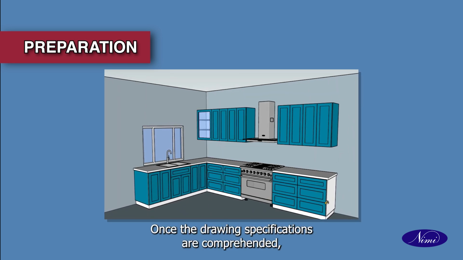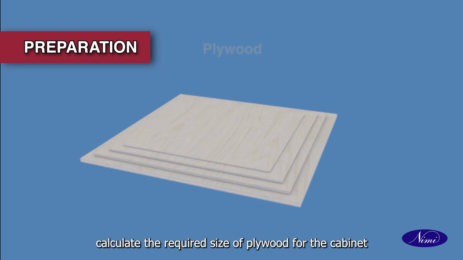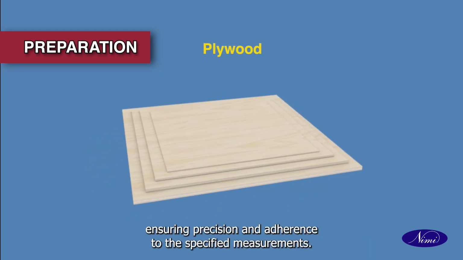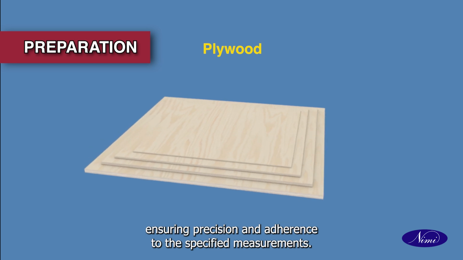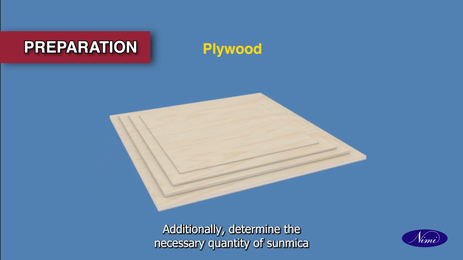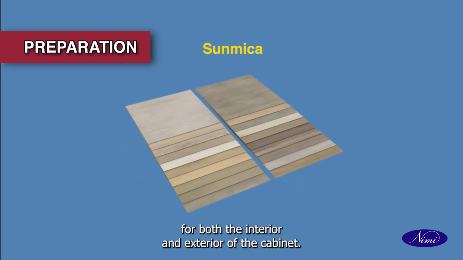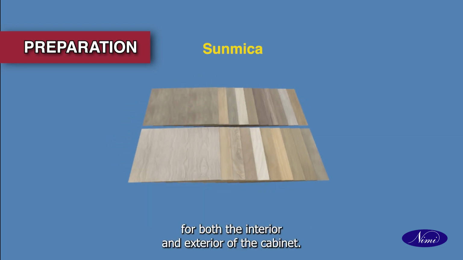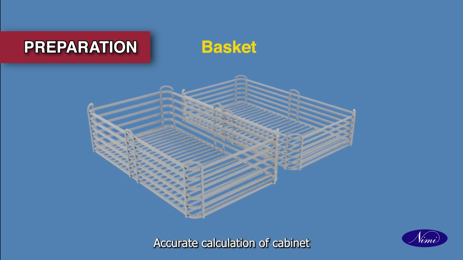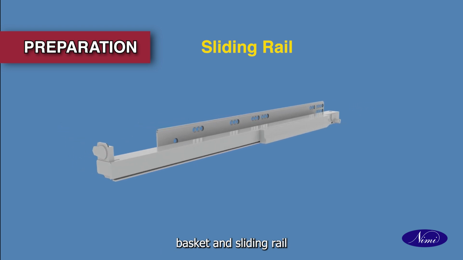Once the drawing specifications are comprehended, calculate the required size of plywood for the cabinet, ensuring precision and adherence to the specified measurements. Additionally, determine the necessary quantity of sunmica for both the interior and exterior of the cabinet. Accurate calculation of cabinet basket and sliding rail.